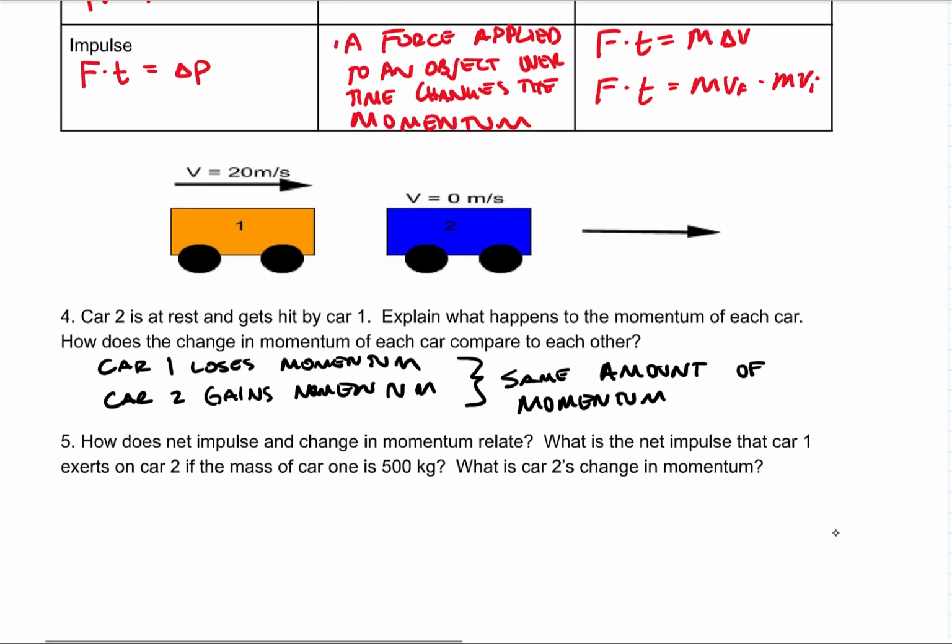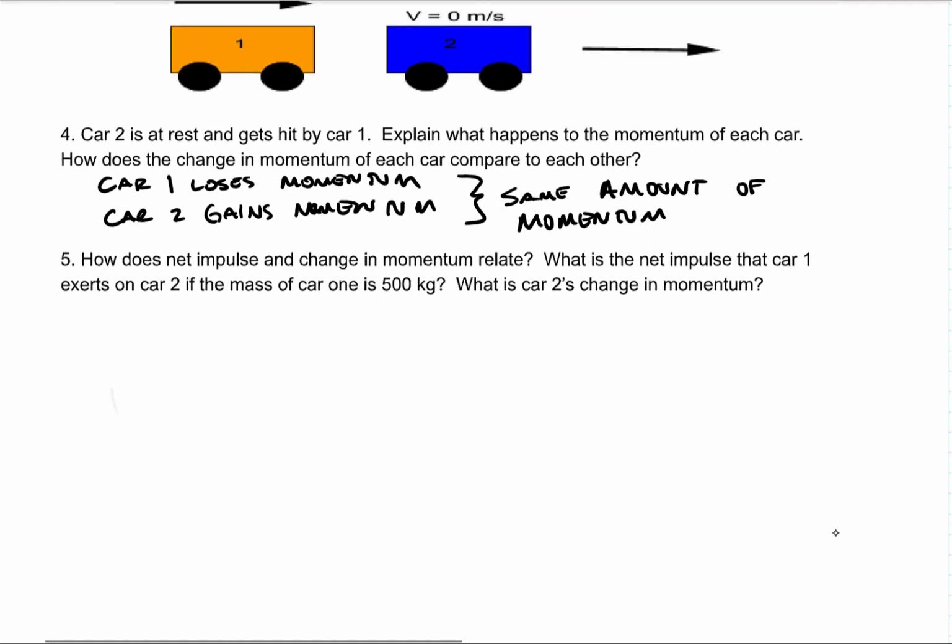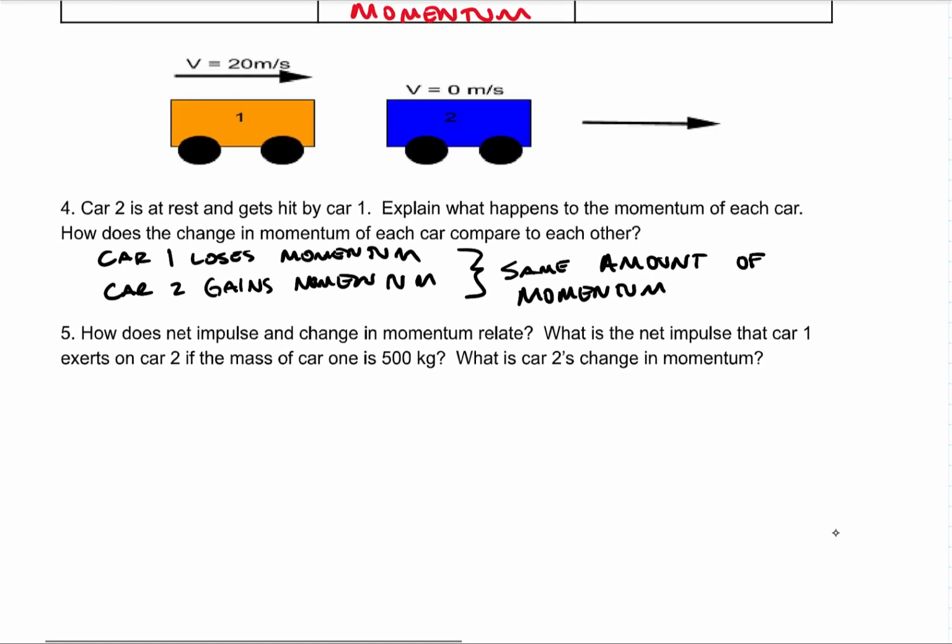So what we need to do to be able to answer question 5 is find the final velocity of each one of these cars. So for our picture, well, we got m1 v1 plus m2 v2 equals m1 v1 final plus m2 v2 final. But they're going to stick to each other, right?